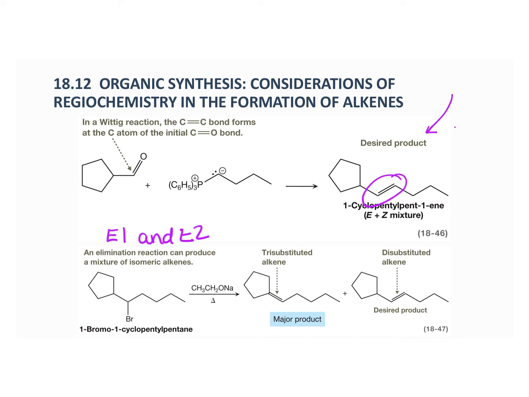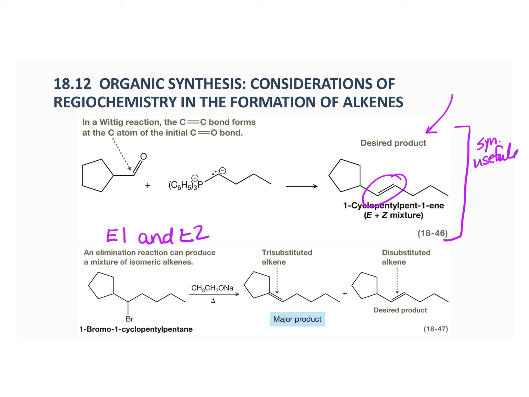Well, the Wittig is generally viewed as more synthetically useful because it's got a lot of specificity. What I mean by that is in the Wittig, this carbon-carbon double bond forms precisely at the location of the carbonyl.